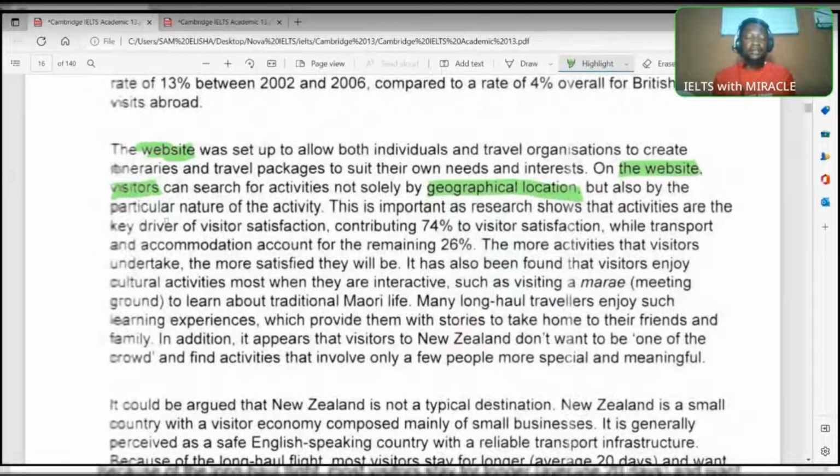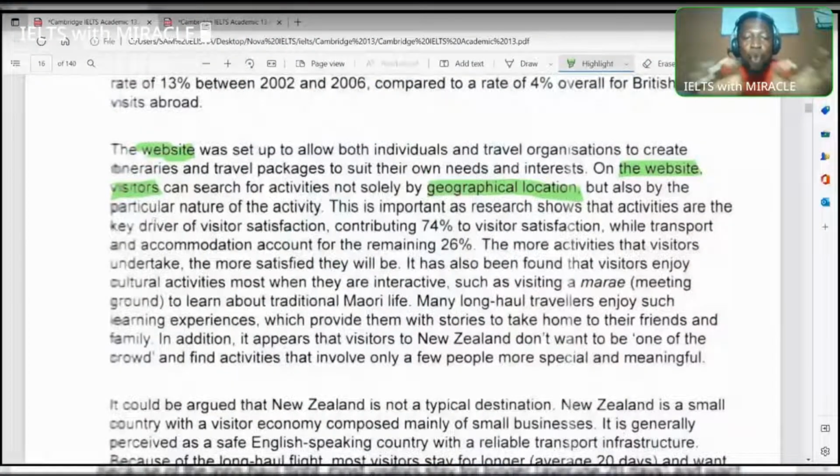Now, where do we have the keywords there? Most visitors. So you would notice that most is not there. There is no word that represents what? Most. So, like I told you, one of the ways I am able to identify answers that are not given, I will notice that one or more of the keywords will not be found or represented within the paragraph. So you can try this. You would notice that most is not in that place where we have read. I can highlight it the more, I can even underline it so that you see it clearly.